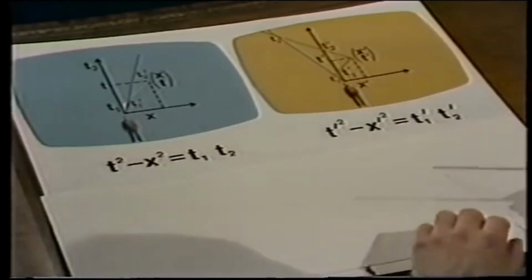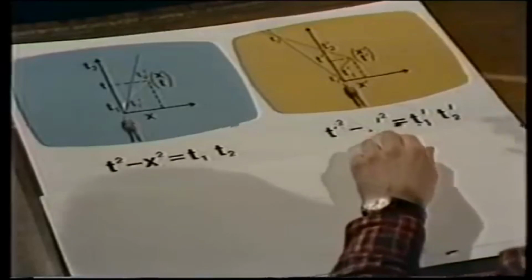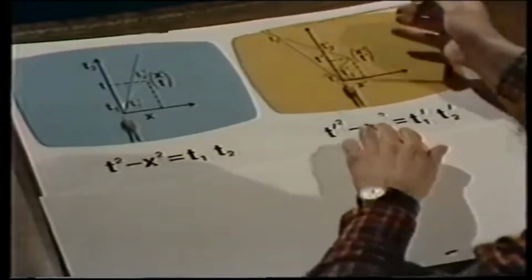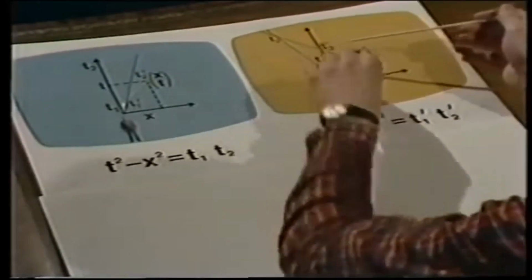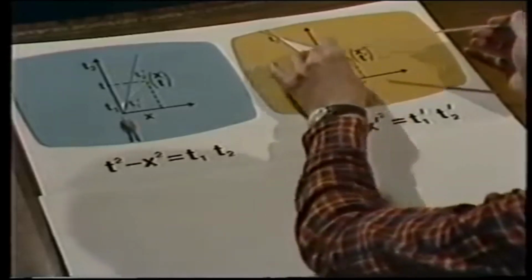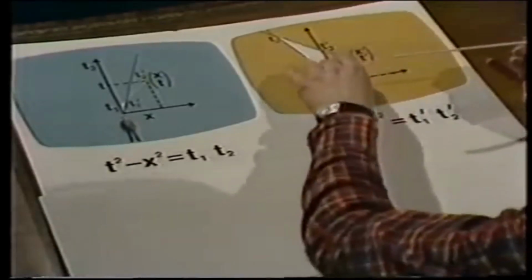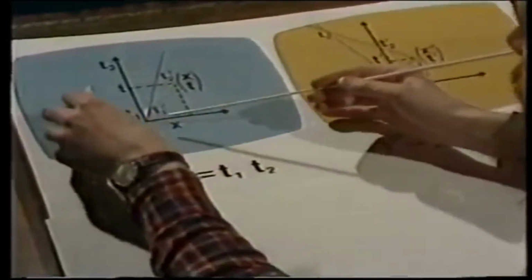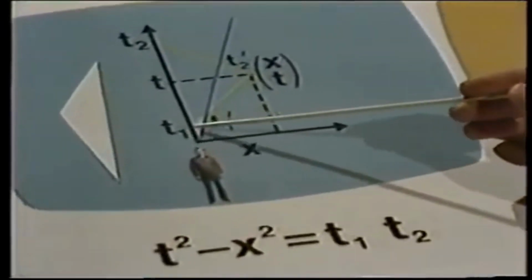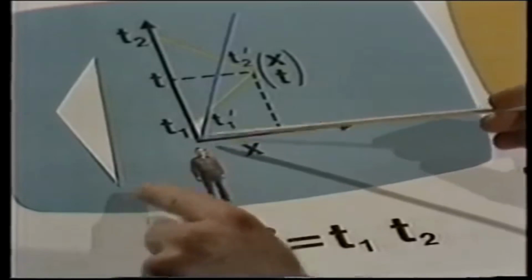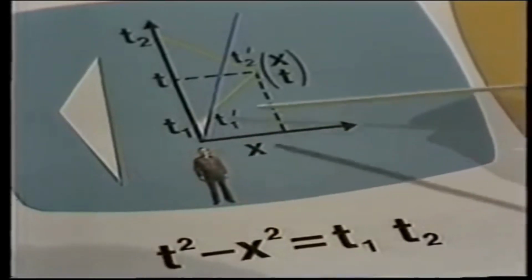That's what we're going to prove now, and it's done very simply by similar triangles. We're going to see that this triangle with t2 and t2 prime in it, let me just slide this in, t2, t2 prime, is similar to the little white triangle here with t1 prime and t1 in. The little angles at the base are equal, the big angles are the angle between a light line and the vertical, so they're equal. The two triangles have the same angles in, so they're similar.